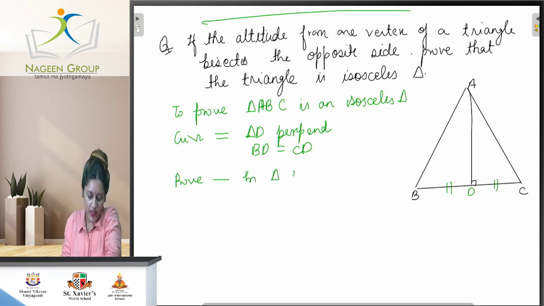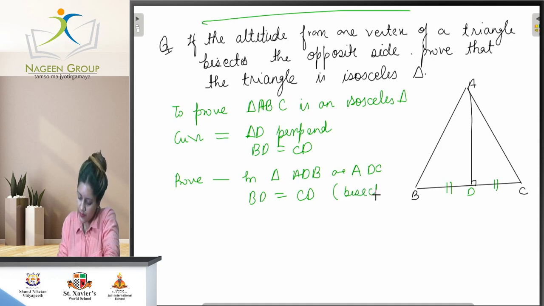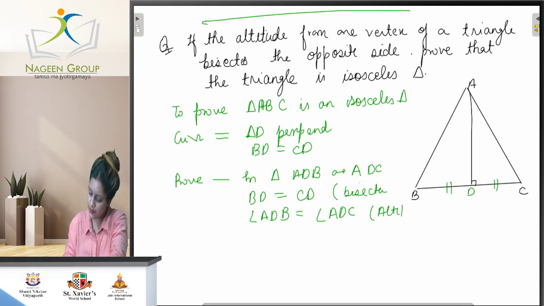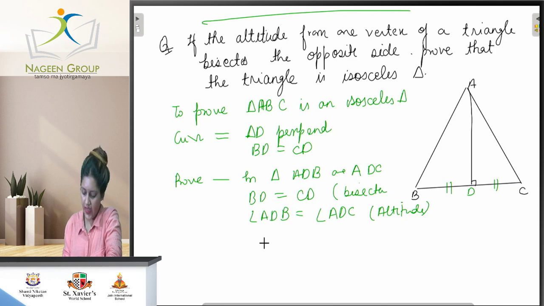So to prove: in triangle ADB and ADC, side BD equals CD, as AD bisects BC. Angle ADB equals angle ADC, as AD is an altitude. Next, AD equals AD, it is common.